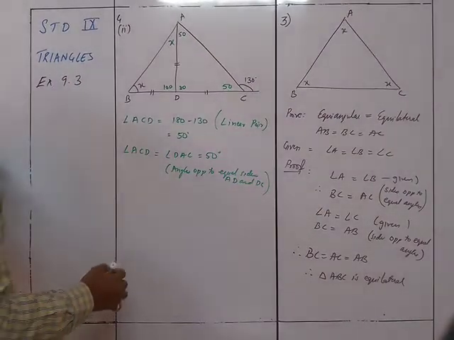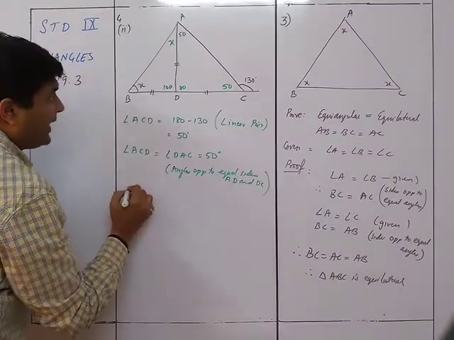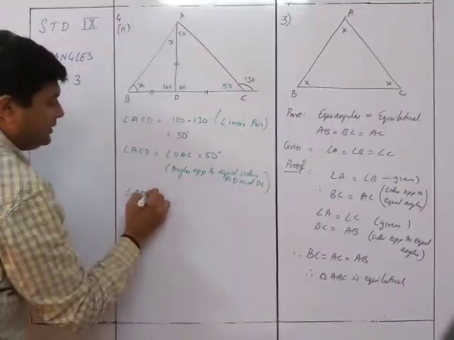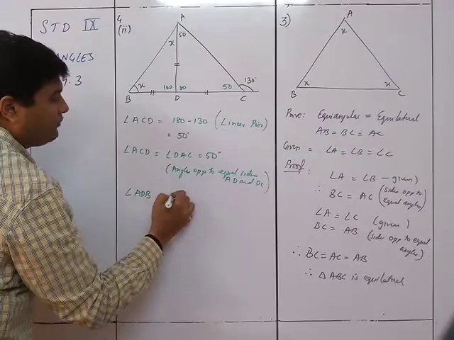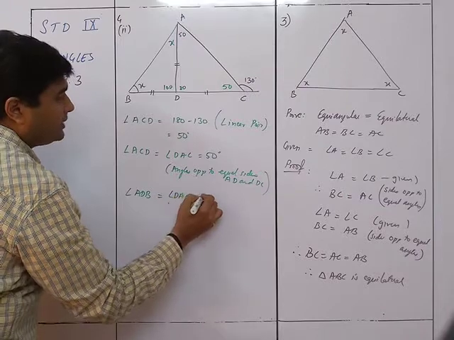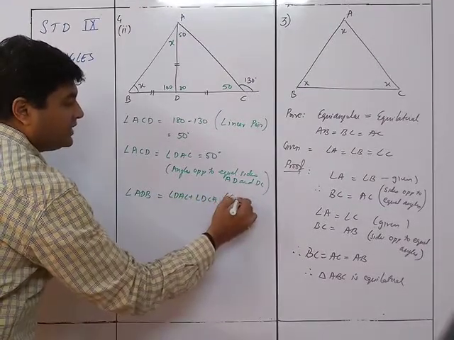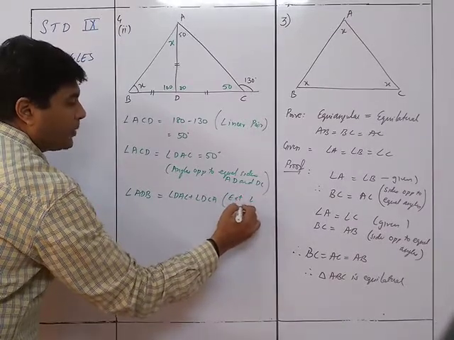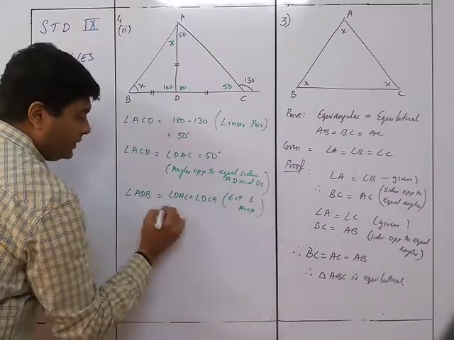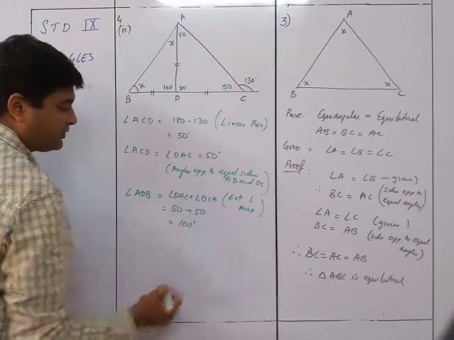Okay, so this is 50, this is 50. Angle ADB is equal to angle DAC plus angle DCA, exterior angle property, is equal to 50 plus 50, which is equal to 100 degrees.